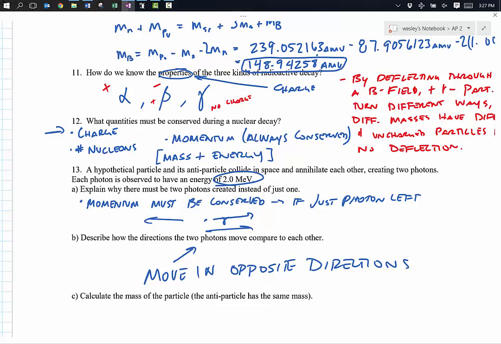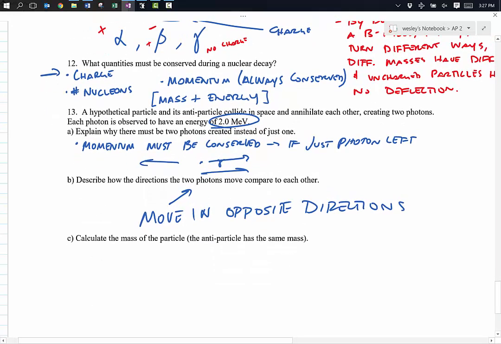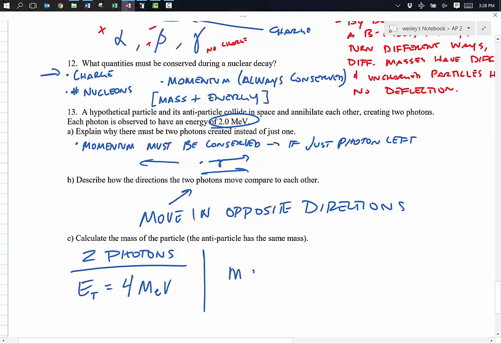Calculate the mass of the particle and antiparticle. All right. So we have 2 photons. The total energy afterwards is 4 mega electron volts. So for the particles that did that, delta mc squared total has to equal 4 mega electron volts.